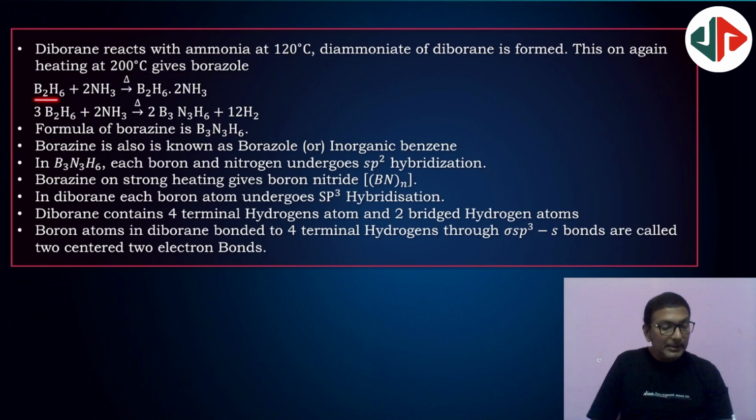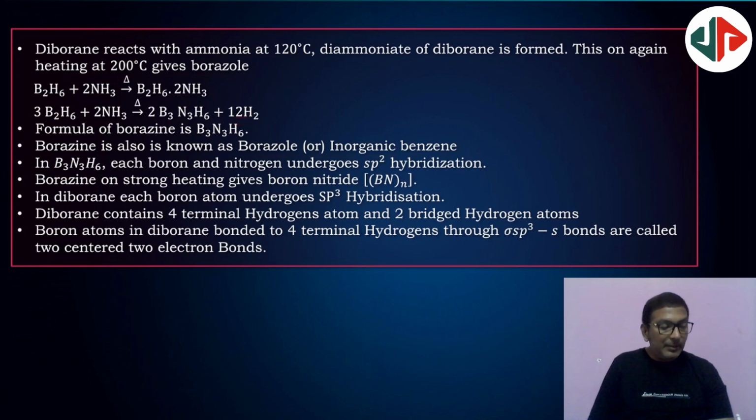See here, B2H6 with NH3 at low temperature gives an addition compound, diammoniate of diborane. 2 molecules of ammonia will be attached to 1 mole of diborane, which on strong heating gives B3N3H6, which is inorganic benzene or borazole or borazine. Very, very important. With release of H2.